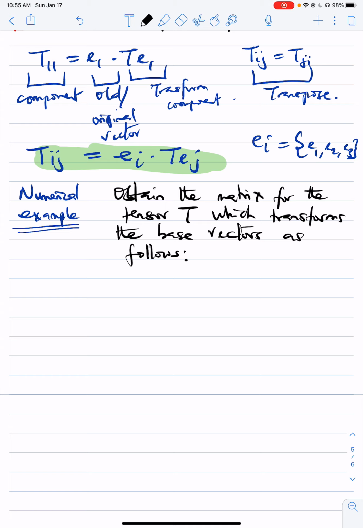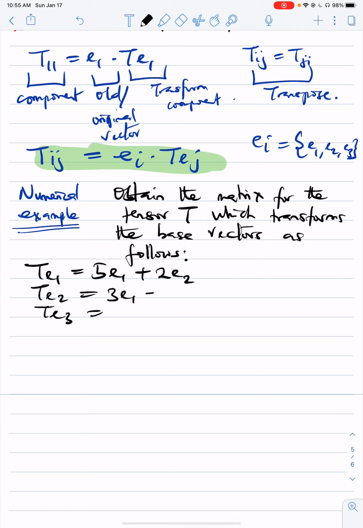TE1 equals 5E1 plus 2E2, TE2 equals 3E1 plus 4E3, TE3 equals negative 2E1 plus 4E2 plus E3. Now, it says obtain the matrix T, which transforms the base vectors as follows.